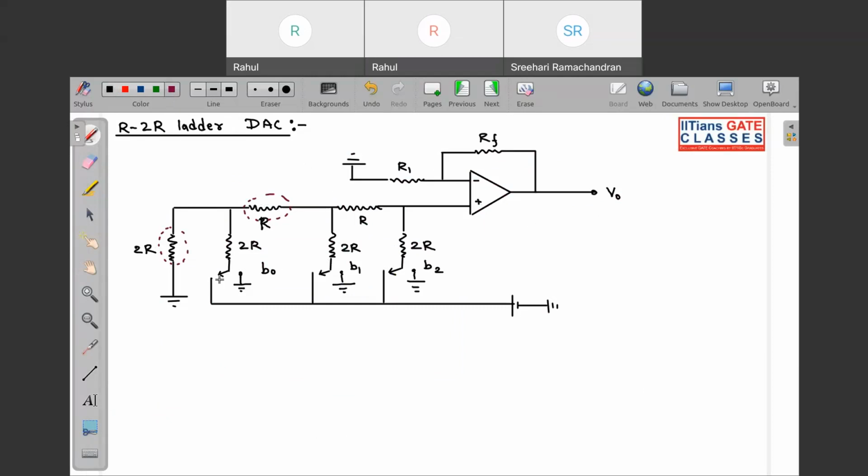Over here also you can see that this line is V reference. Now, depending on your input, let me ask you, which is the MSB out of B2, B1, B0, and which will be the LSB?